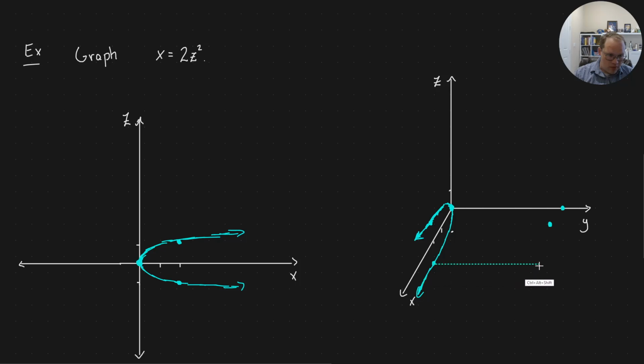And this one right about there. Okay? And again, this is going to happen for any y value. So I've given you an example of 2, but it happens for all of them. So what we get is a surface.